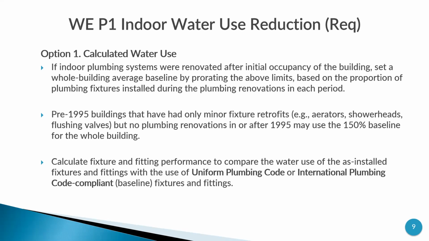Pre-1995 buildings that have had only minor fixture retrofits but no plumbing renovations in or after 1995 may use 150% baseline for the whole building. This is again what we have seen before, right? Calculate fixture and fitting performance to compare the water use of as-installed fixtures and fittings with the use of UPC, that is Uniform Plumbing Code, or IPC, that is International Plumbing Code, compliant fixtures and fittings.